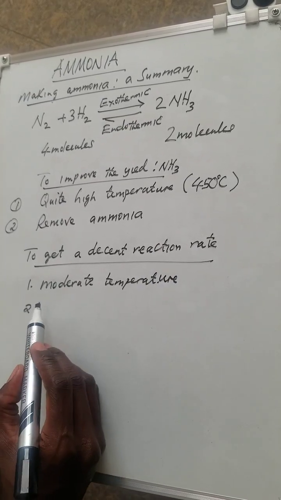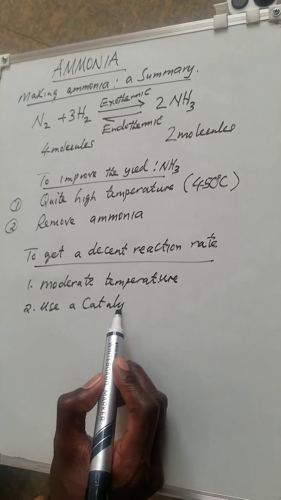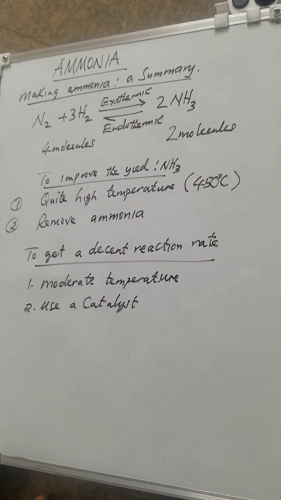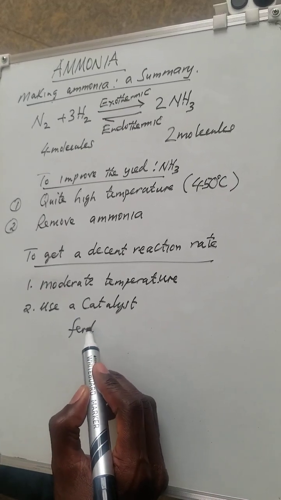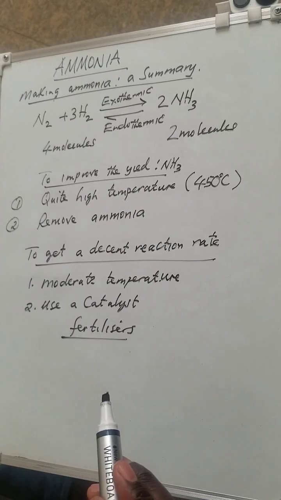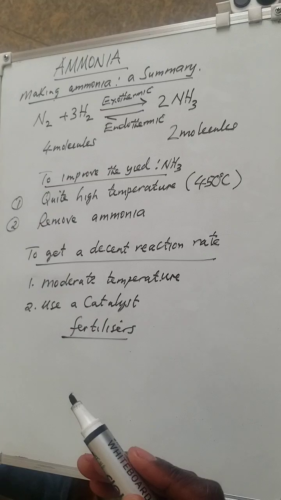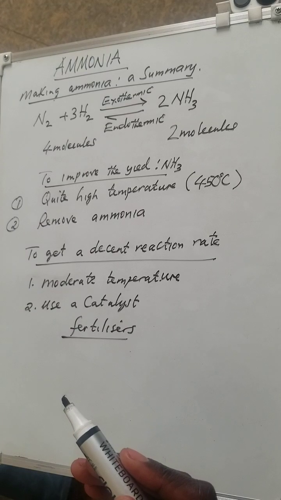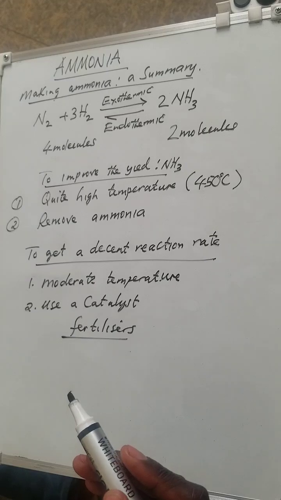Then two, you can also use a catalyst. So that is what you need to remember. And previously I did talk about fertilizers, among them ammonium sulfate, ammonium nitrate, and I also did talk about ammonium phosphate. So those are the fertilizers that we talked about.